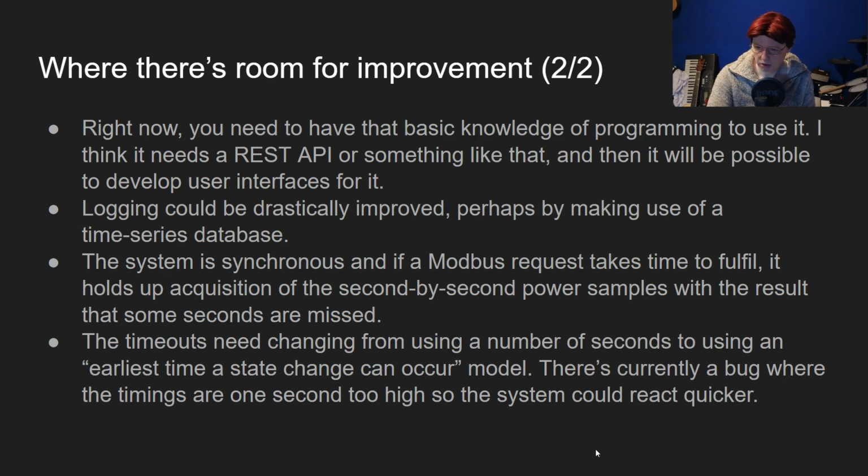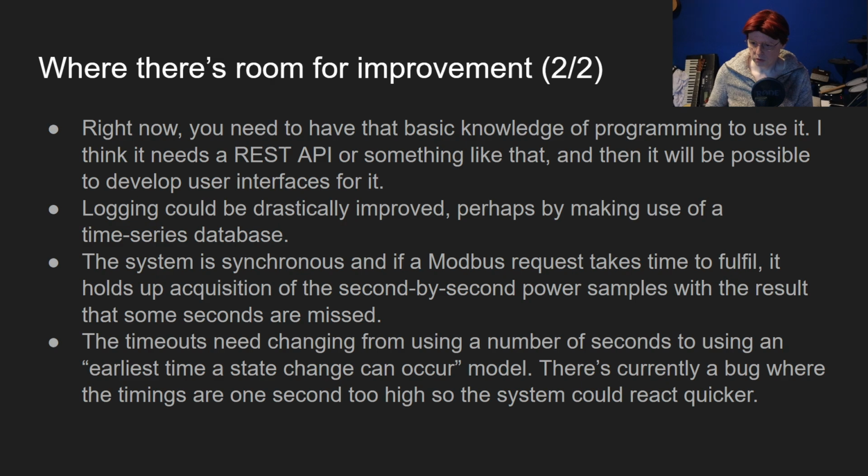The system is synchronous. If there's a problem with the Modbus request or a problem talking to the Shelly EM, then the other system will stop working for a while because they're going round in a loop. Basically it's going, okay Shelly, what's the power? Shelly responds, okay Wallbox, I want you to do this.